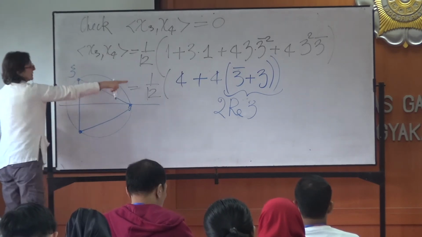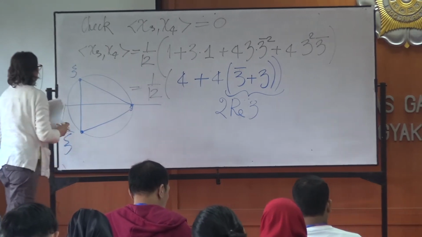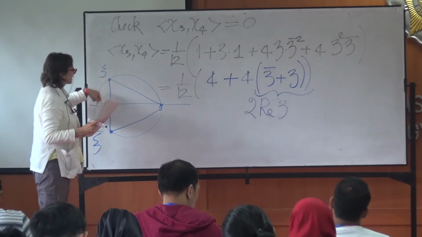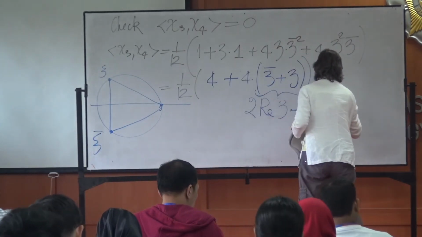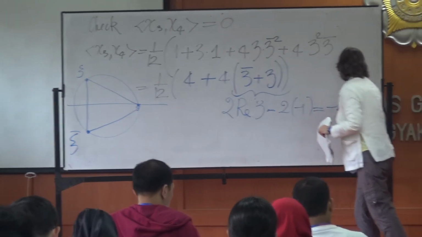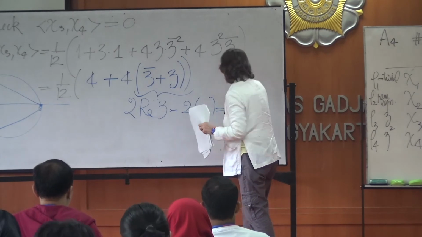So this is z, this is z bar. And then you know that the real part here is minus a half, sorry.